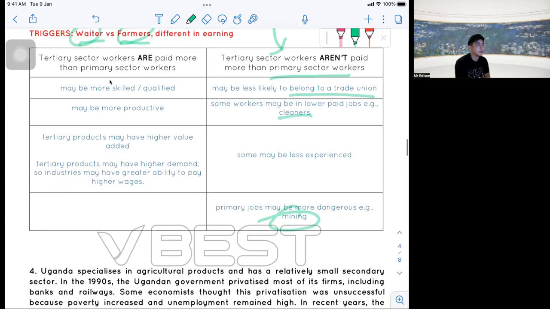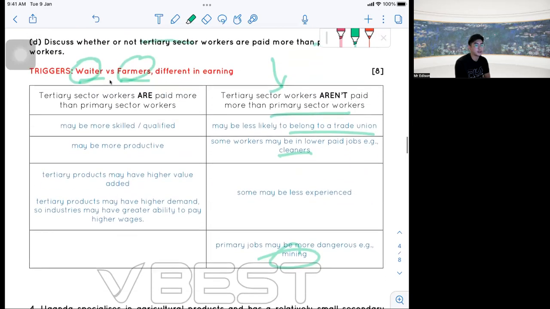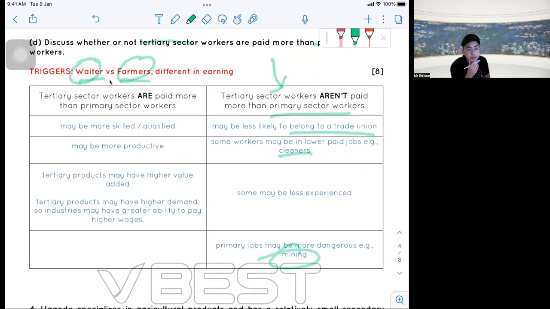Okay, high salary. So far so good. Can take a screenshot. Can I say tertiary sector may be entitled to trade union? Not only normally, guys, trade union will protect manufacturing and primary. Tertiary they don't really need to protect because tertiary sector they are already getting high pay and more benefit by nature.